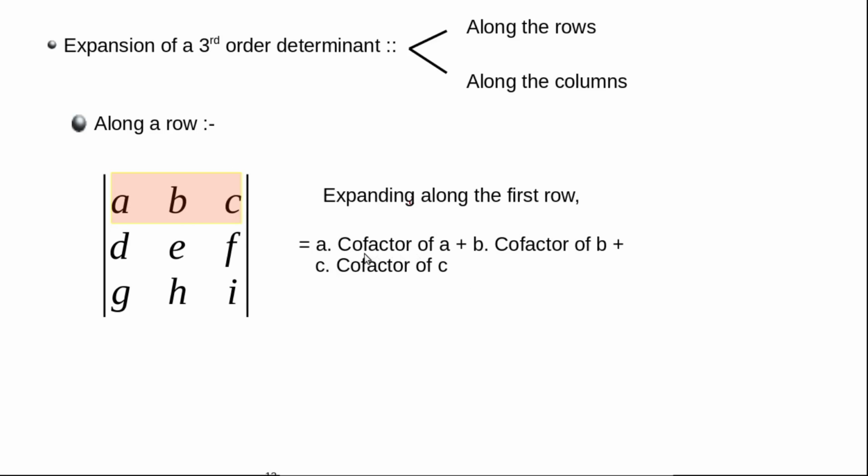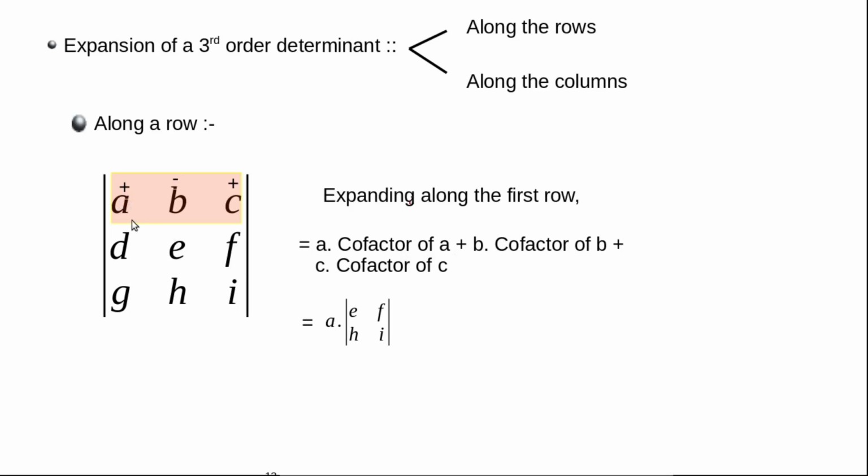We have already learned how to find the cofactors of each element. Now to find the cofactor, we have to know the position signs of each element. So a into the cofactor of a means plus sign into the minor of a.